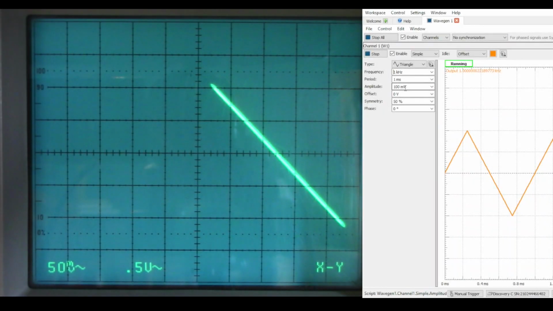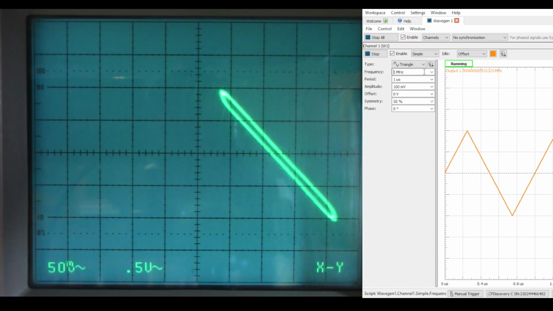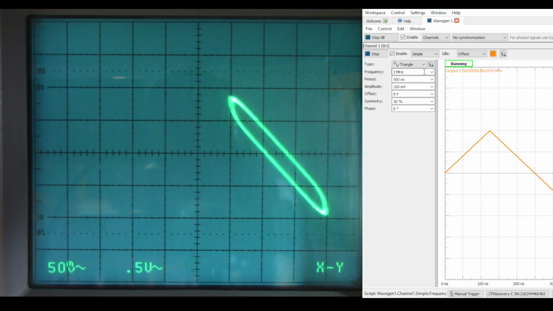In this mode, the horizontal is the input signal and the vertical is the output. And now we can see how it responds to changes in frequency. As we go up, everything remains nice until we get to about 1 megahertz. Then you can start to see some phase shifts.